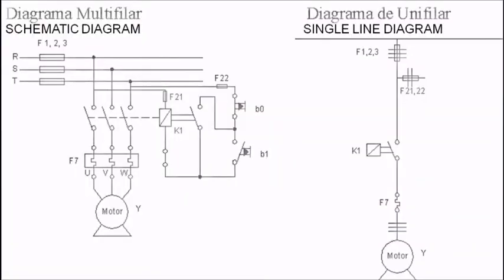Well, these are examples of schematic diagram and single line diagrams. All electricians, all workers from the electrical area recognize them without any problem. And it's very important to keep the single line diagram updated, avoiding further problems.